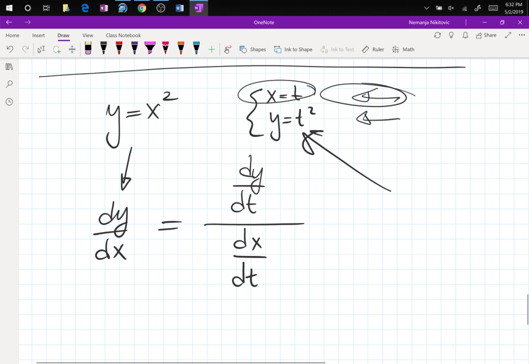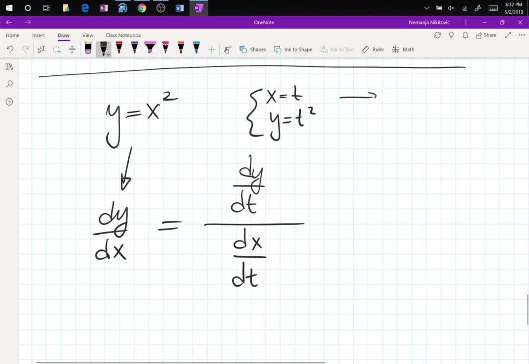You could really brain that. So this one will be your dx dt, and let me put it in blood. It goes on the bottom. Denominator. There you go.